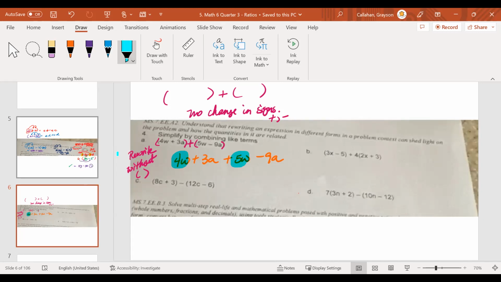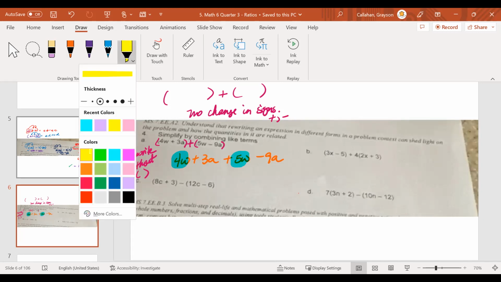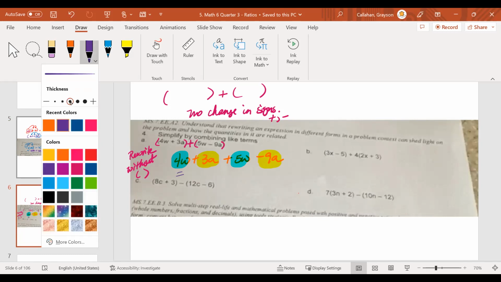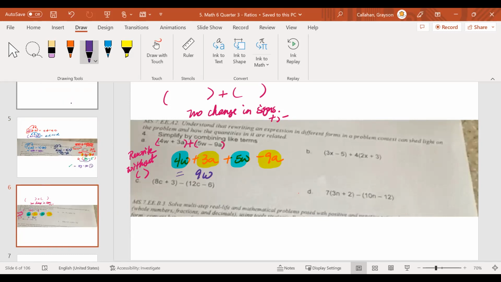W's with the W's. Do you see that? A's with the A's. What's 4W plus 5W? 4 plus 5 is? What's 3A minus 9A? Negative, right? That's your answer, okay?